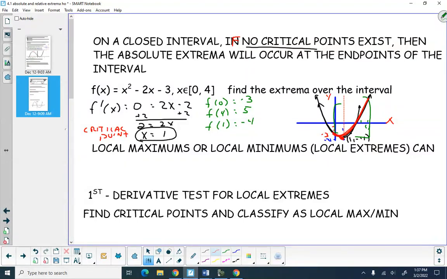To find my extrema on this interval, we look at these 3 points. We look at our endpoints, and we also look at any critical point. Here's my smallest value, so this is my absolute minimum. Here's my biggest value, so I have an absolute max at this value.